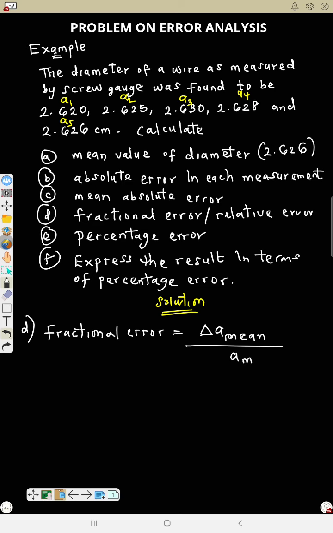Our mean value is AM. Can check again. Fractional error, ratio of the mean absolute error. So check our last results on mean absolute error. What did we get?